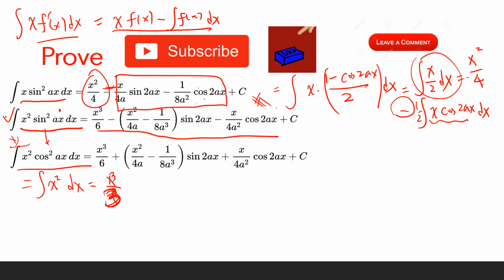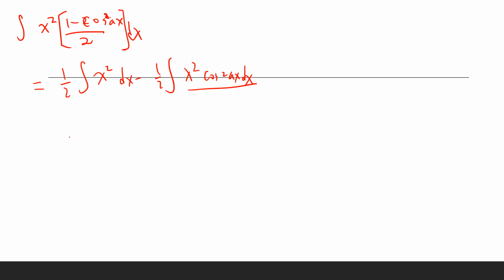But we already have a similar one. So let me write it down: this is x cubed divided by 6 minus half x squared cosine 2ax dx.